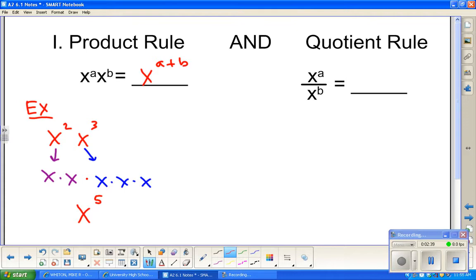Okay, a similar idea works for the division or quotient problems. Let's say it's x to the fourth divided by x to the second. Let's say you forget what the little rule is here. Expand it out. X to the fourth is this, and x to the second is this.